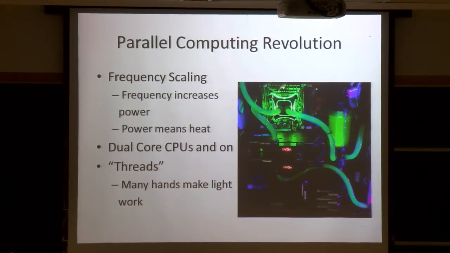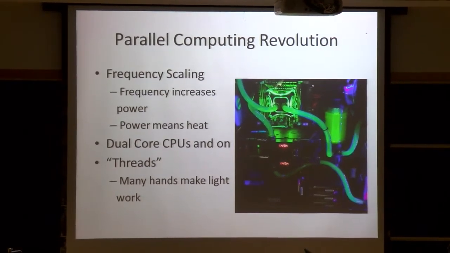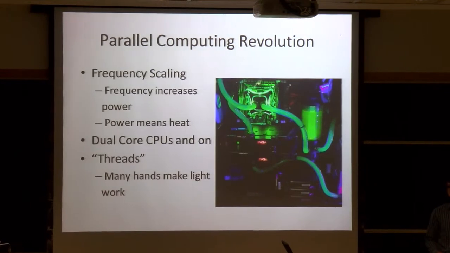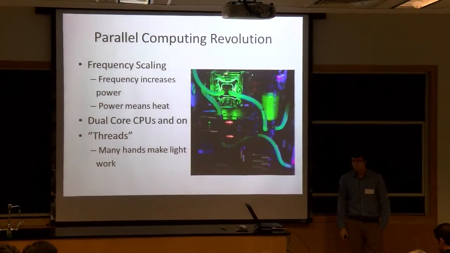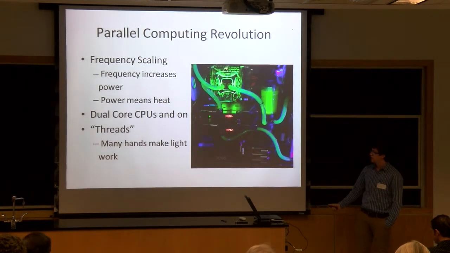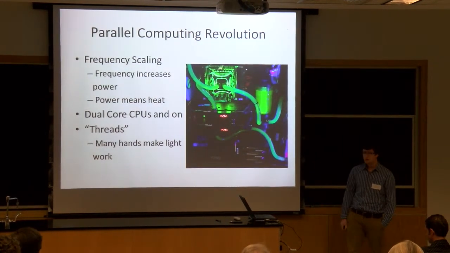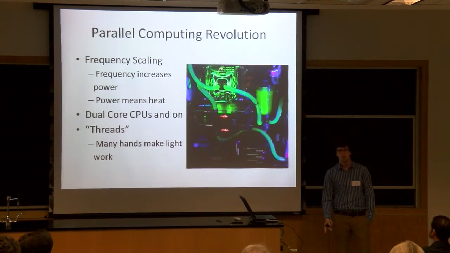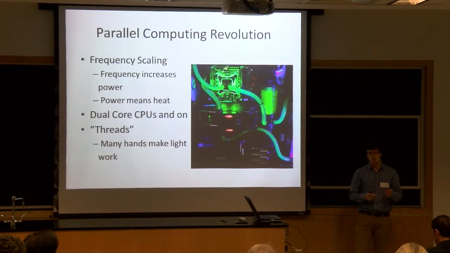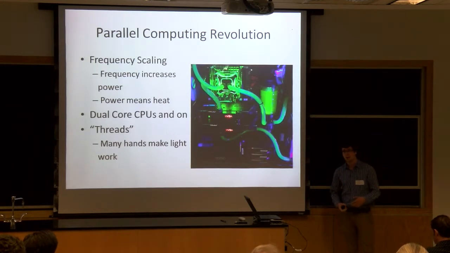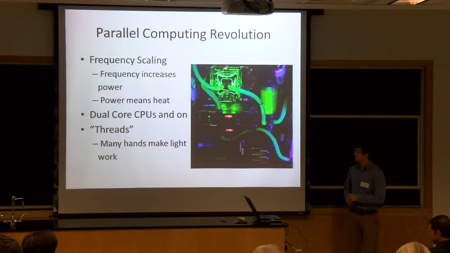So they started out with dual core CPUs, basically putting 2 CPUs on the same chip. This all works around the idea of threads, where many hands make light work. You've got multiple CPUs working on subsets of some larger problem, each one solves its sub-problem, and at the end they combine their results into a finished product.